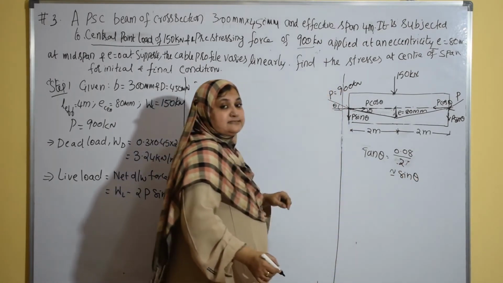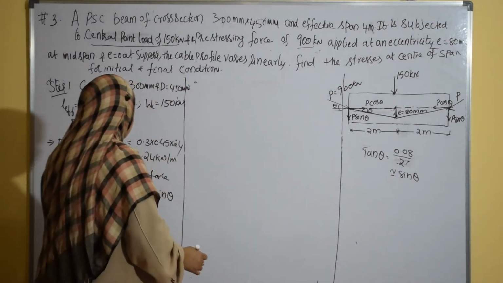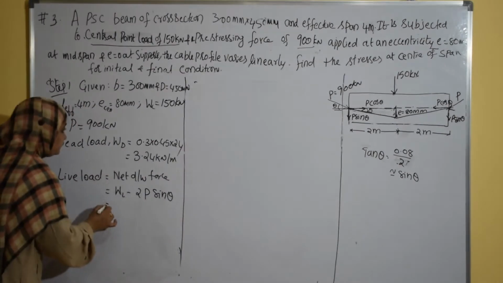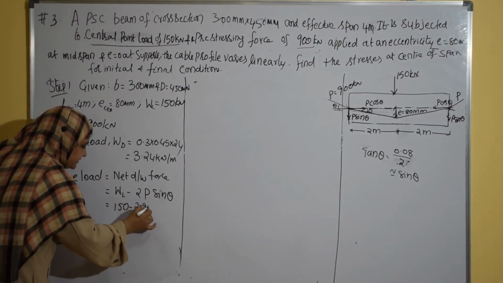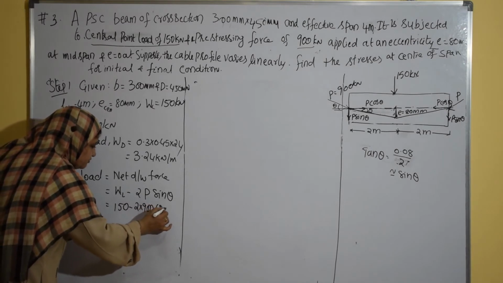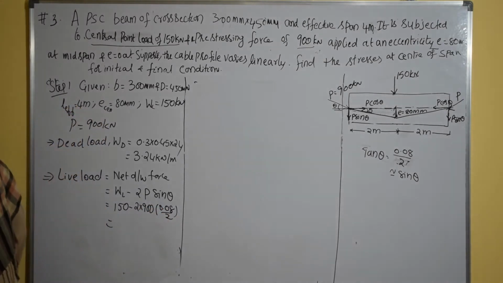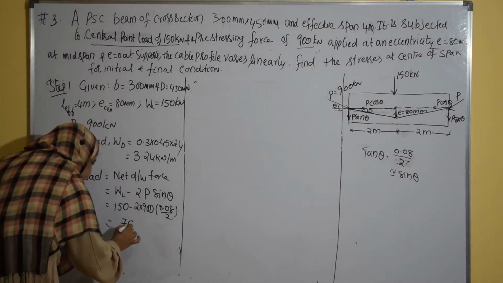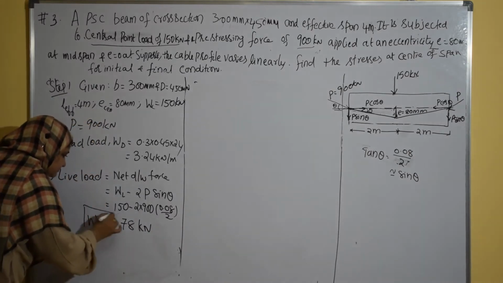Tan theta and sin theta are almost the same value because theta is very small. So I will take it here, 150 minus 2 into 900 into 0.08 by 2. So this comes out to be 78 kilonewton.